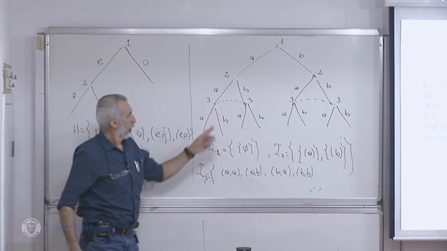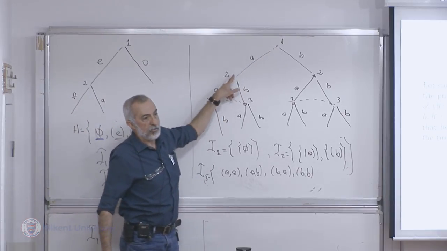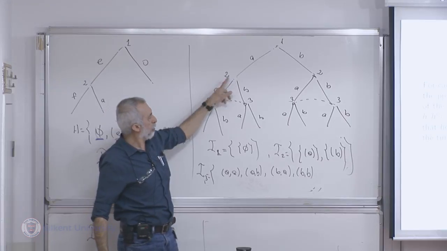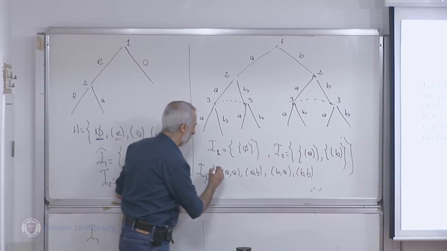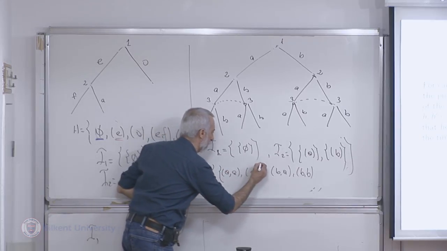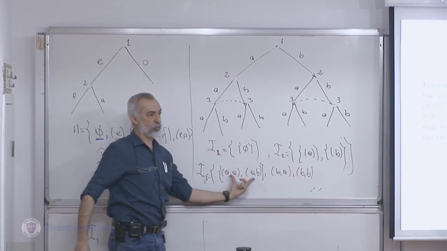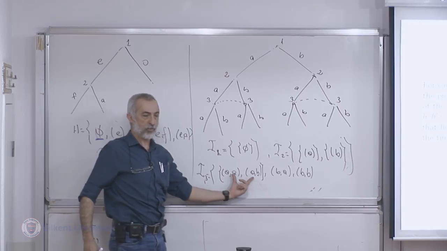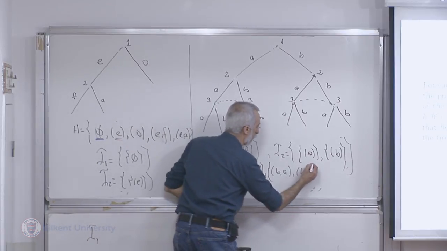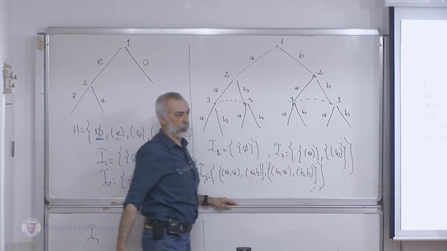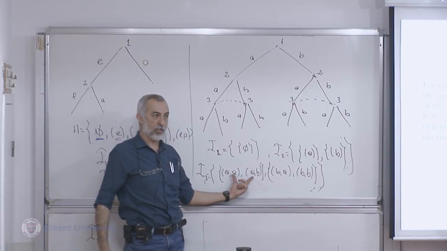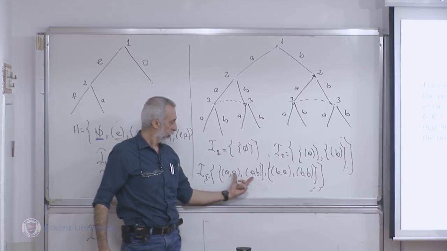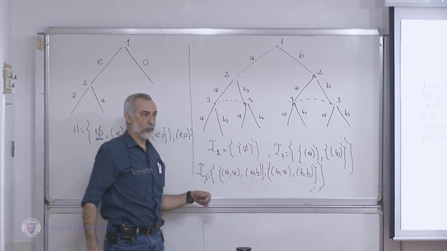We said he does observe the action of player 1, but does not observe the action of player 2. Because of that, we put these 2 histories in the same information set, and these 2 in the same information set.